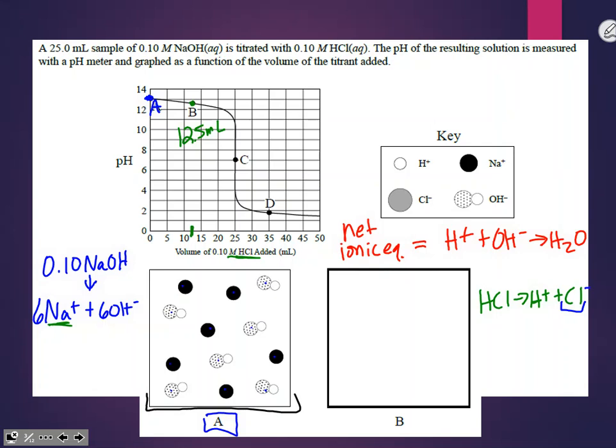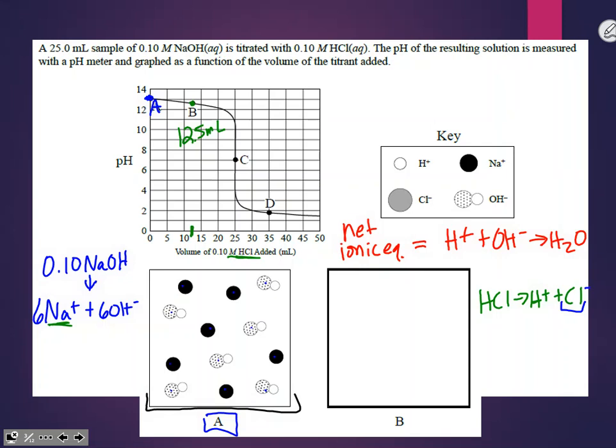Now we've gotten halfway to our equivalence point. How much has been neutralized? How many of the OHs have now combined with an H to form water? 3, thank you. Really, it is that obvious. Yes, we're going for obvious here.